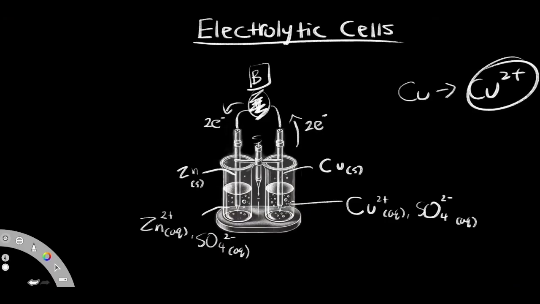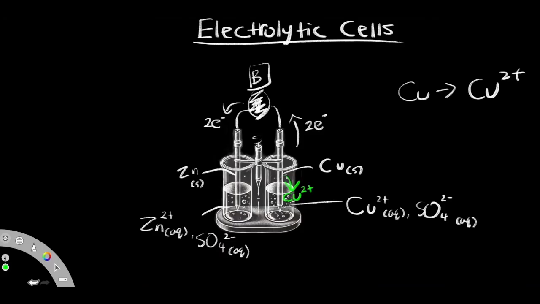So where is this going to go? Of course, it's going to go somewhere within the solution, right over there. I'll do it in green so you can see it better. It goes into the solution, so now it becomes Cu2+.